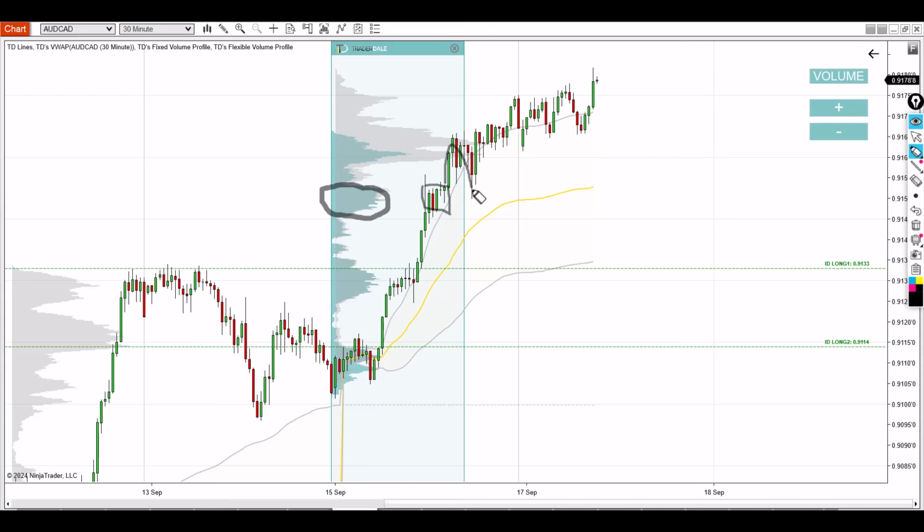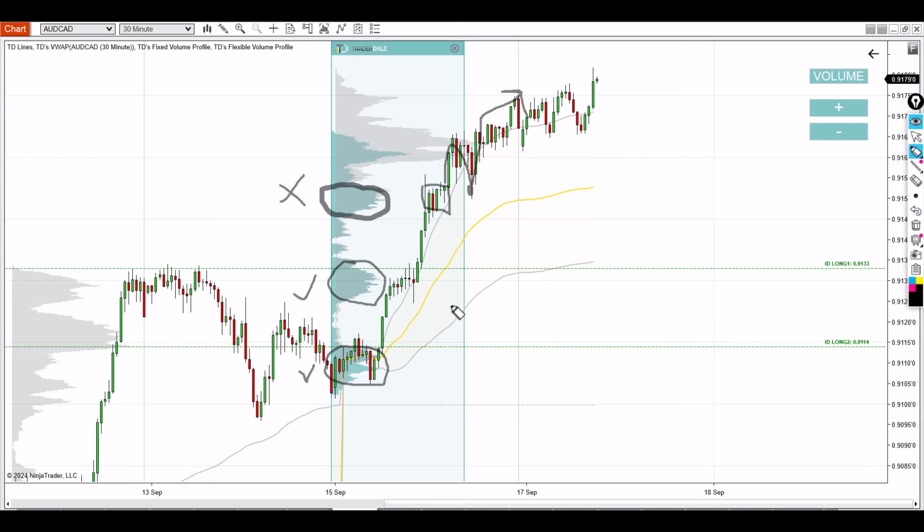Then there was a pullback, the volumes got tested and the price went upwards from there. So this level is spent, but there are 2 more, and those heavy volume zones haven't been tested yet, so they are still good to trade.